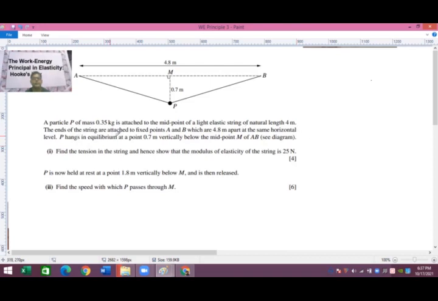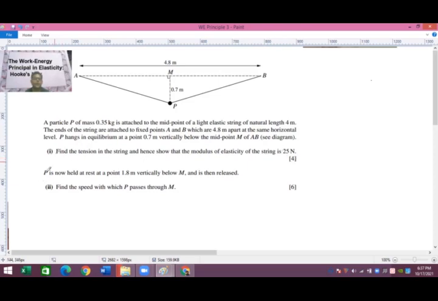The ends of the string are attached to fixed points A and B, which are 4.8 meters apart at the same horizontal level. P hangs in equilibrium at a point 0.7 meter vertically below the midpoint M of AB. You can see the diagram. Then find the tension in the string, and hence show that the modulus of elasticity of the string is 25 Newton. It has been taken from a past paper and carries 4 marks for this question number 1.